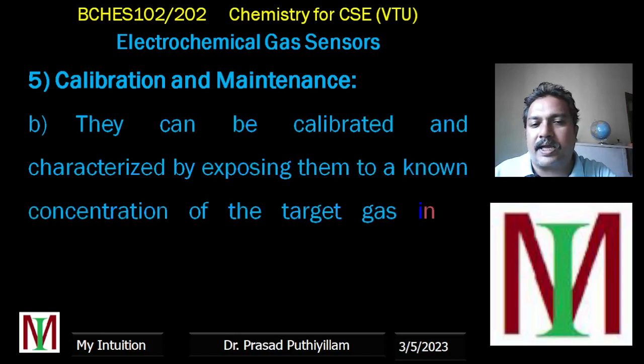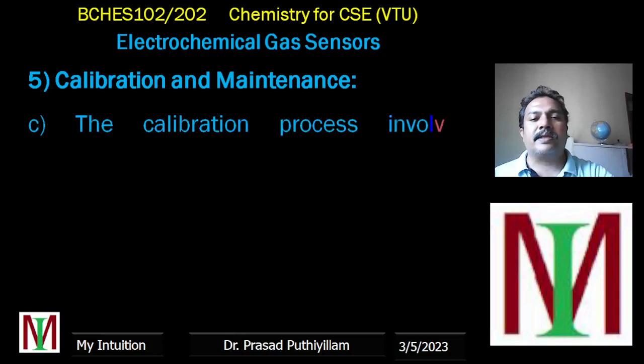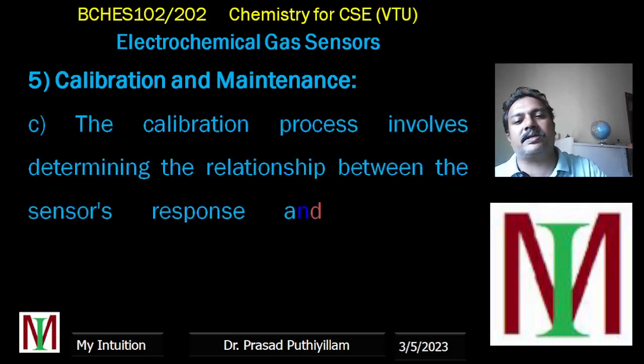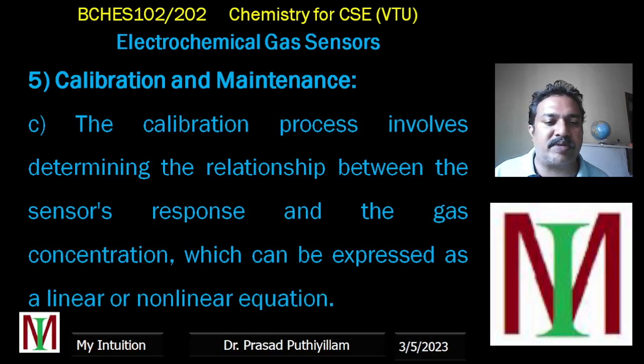Sensors can be calibrated and characterized by exposing them to a known concentration of target gas in a controlled environment and measuring the response. Simple sentence. The calibration process involves determining the relationship between the sensor's response and the gas concentration, which can be expressed as a linear or non-linear equation.